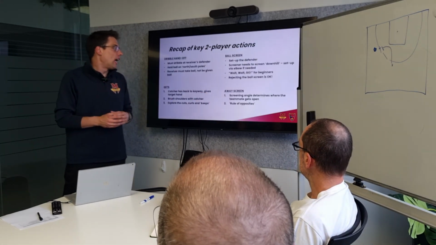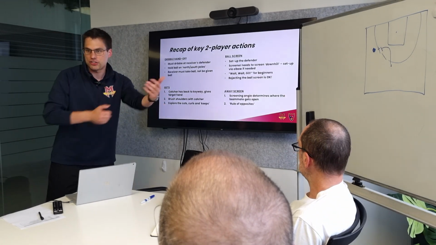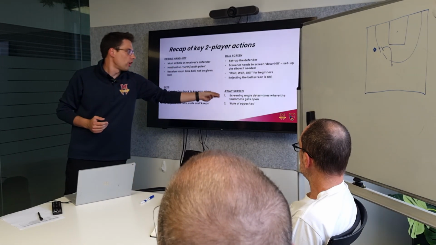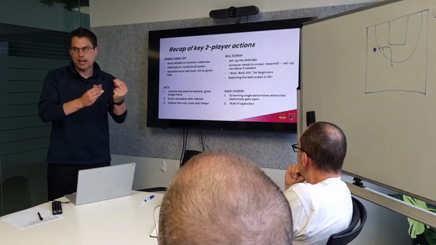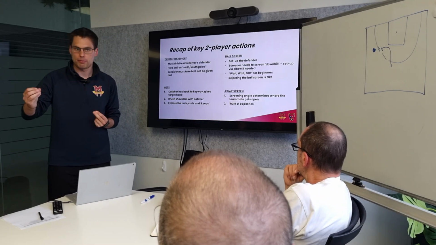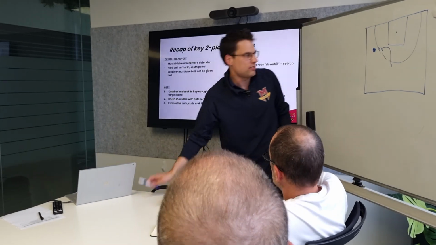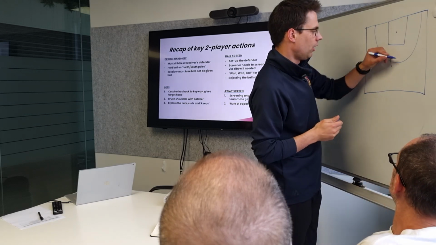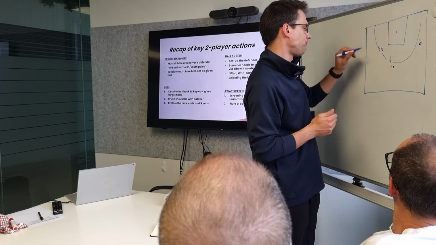Away screen, and again, we've all seen that: I pass to Tim, I go and screen for Raj to get him open, okay? I'll talk a lot about this rule of opposites, where the screener and the cutter have to go 2 different ways. One has to go to the basket, one has to go to the 3-point line. So in the example over here, I've made a pass to a player over here, so they've got the ball.